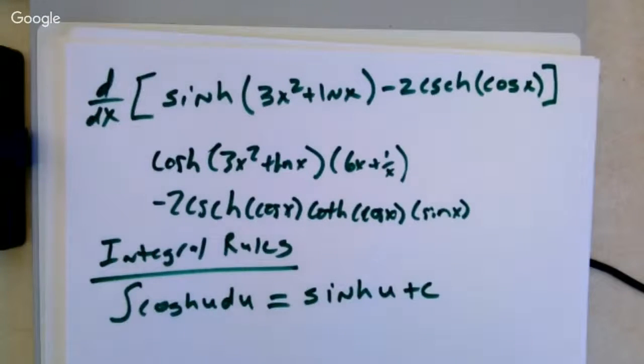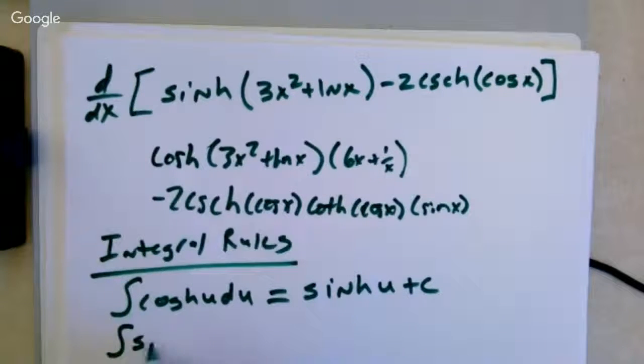A duh question on the hard ones, what's the thing that you forget? Don't forget the plus c. Okay, so then what's the integral of sine hyperbolic going to be? Cosine hyperbolic.